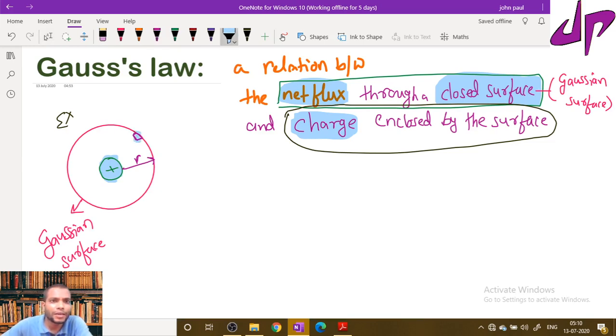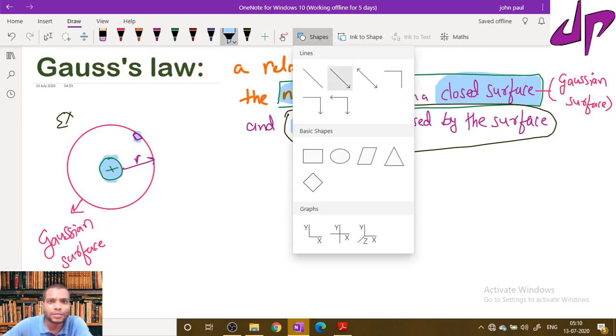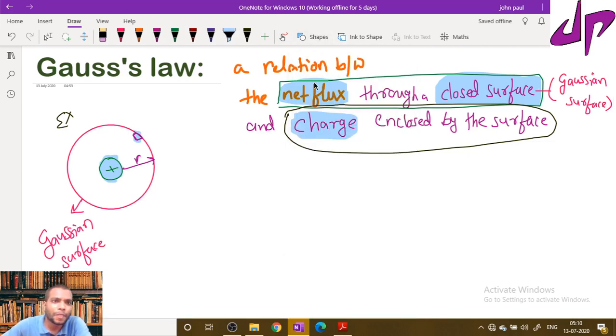To find the flux, I need two things. One is the area vector. The area vector is always radially outward, and at this location you can take a small elemental area dS.